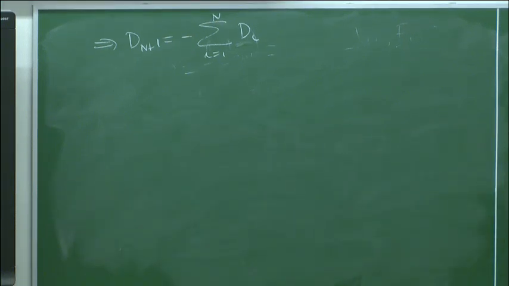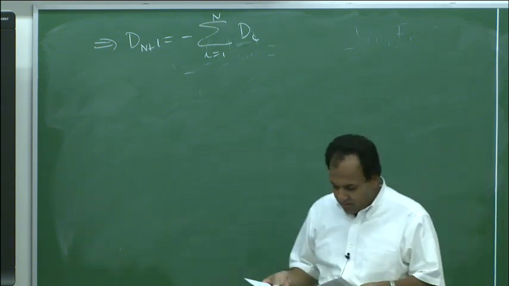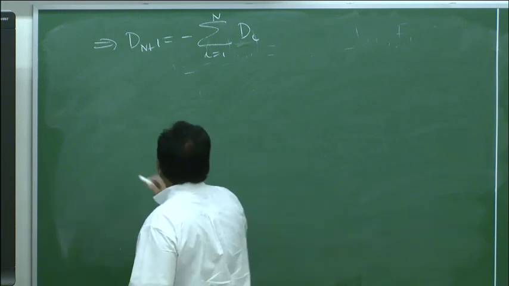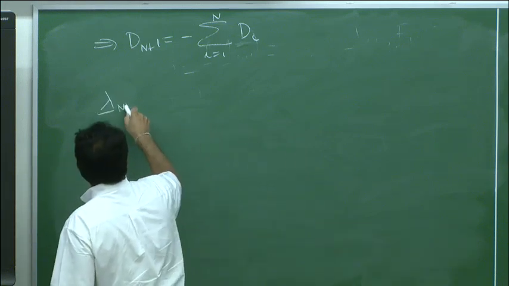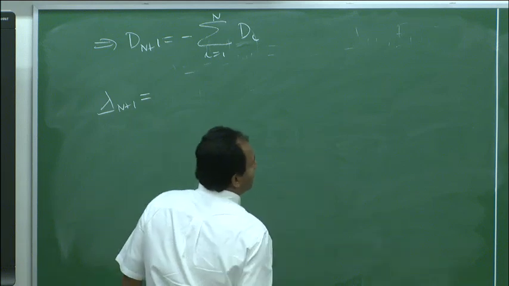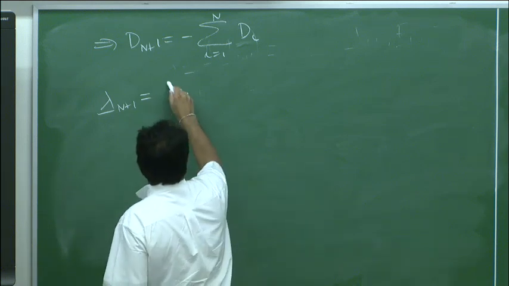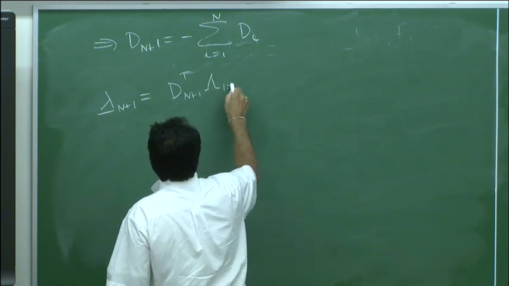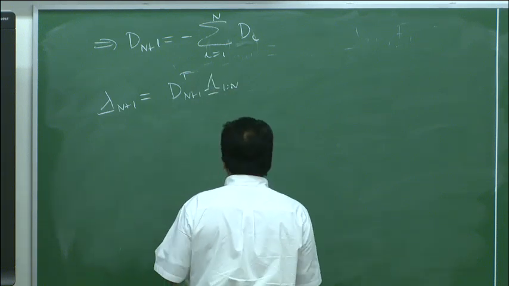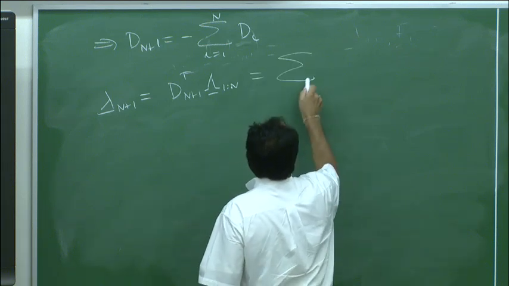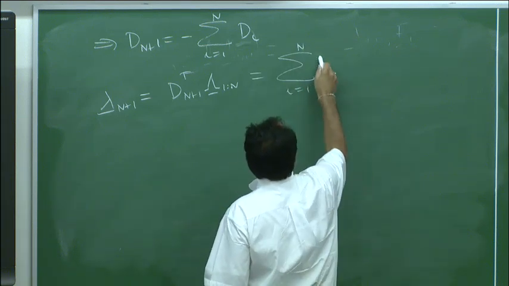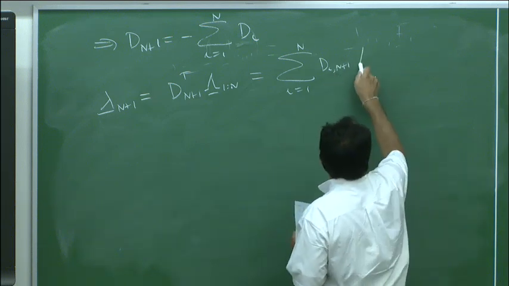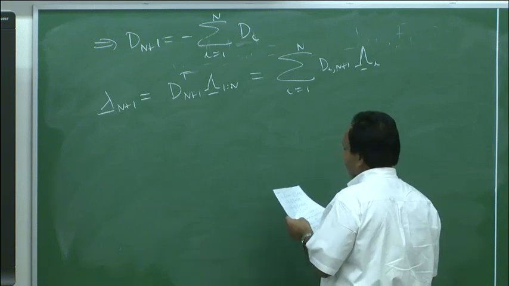So now, given that, I can make the following substitutions, which is that I know that lambda_{n+1} has to equal D_{n+1} transpose times lambda_{1 through n}. That is equal to the sum from i equals 1 to n of D_{i,n+1} times lambda_i, right?